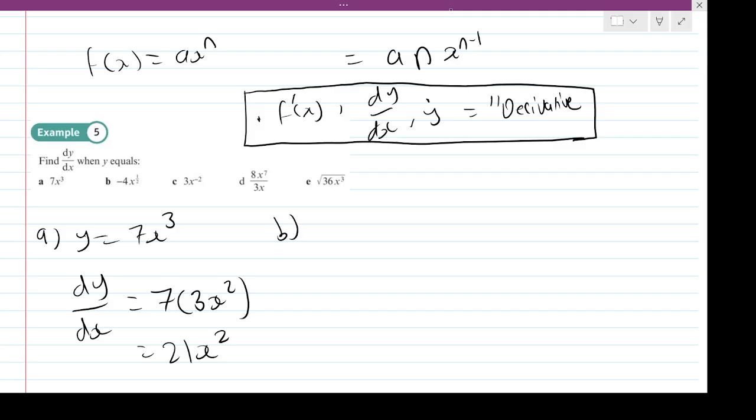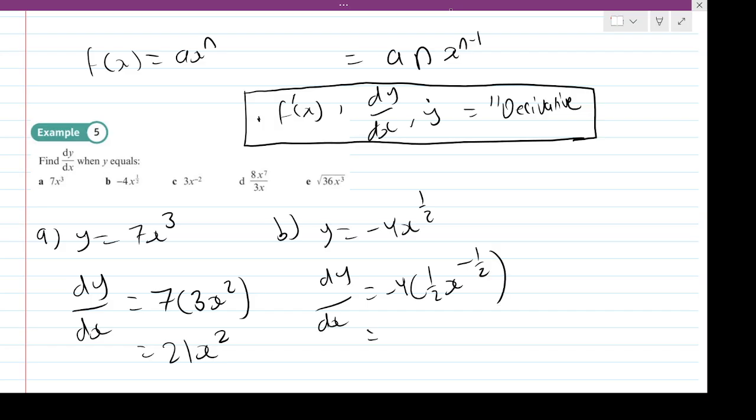Part B then, we have y is equal to minus 4x to the half, well again, for our derivative, we're going to leave the minus 4 where it is in front, and then we differentiate x to the half, so we're going to bring that half to the front, so times by half x, then we knock 1 off, so a half minus 1, that would be minus a half if we do that, okay?